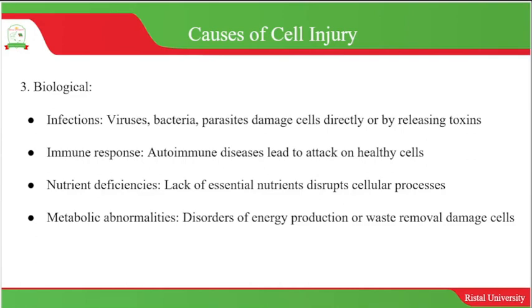So this autoimmune disease may lead to attack on healthy cells by failure to identify non-self cells and self cells, and these antibodies, when they are produced, end up crushing or injuring both normal cells and abnormal cells that belong to the body.